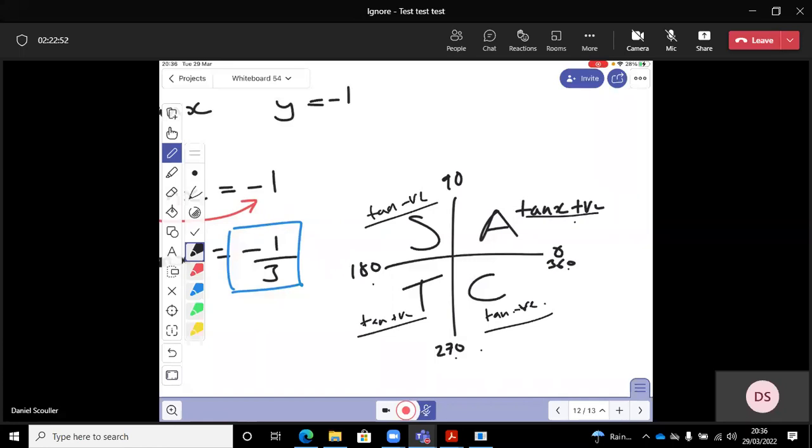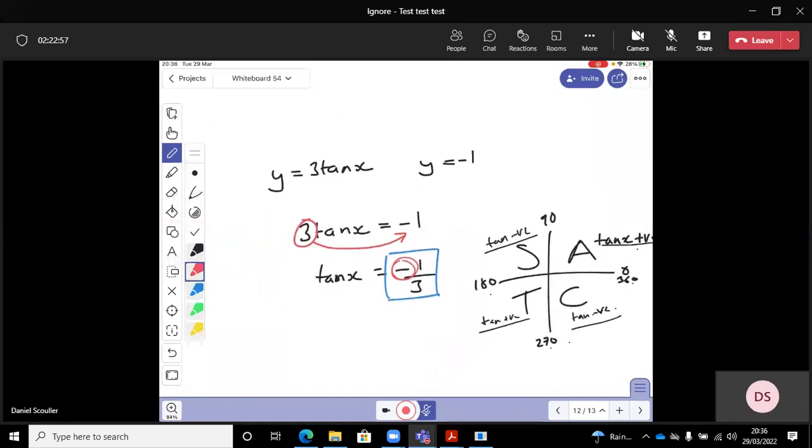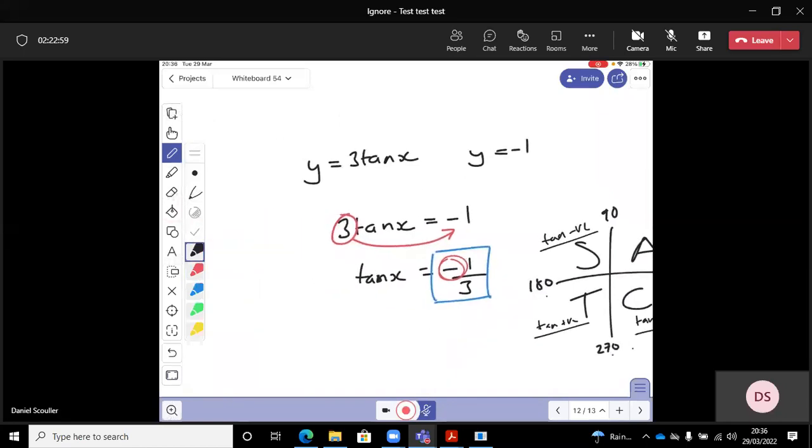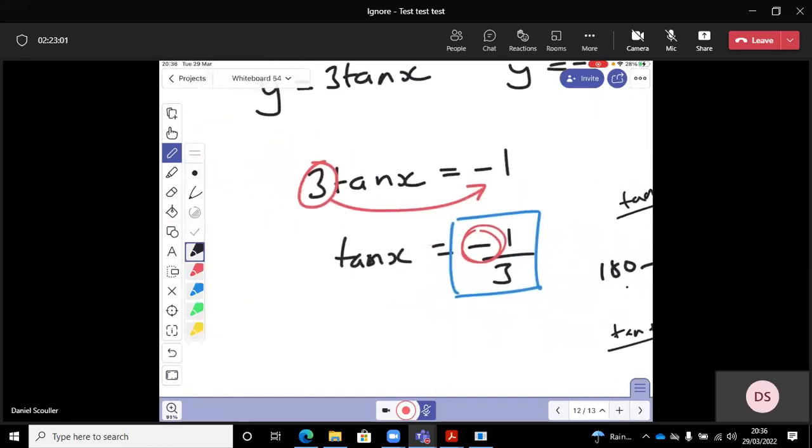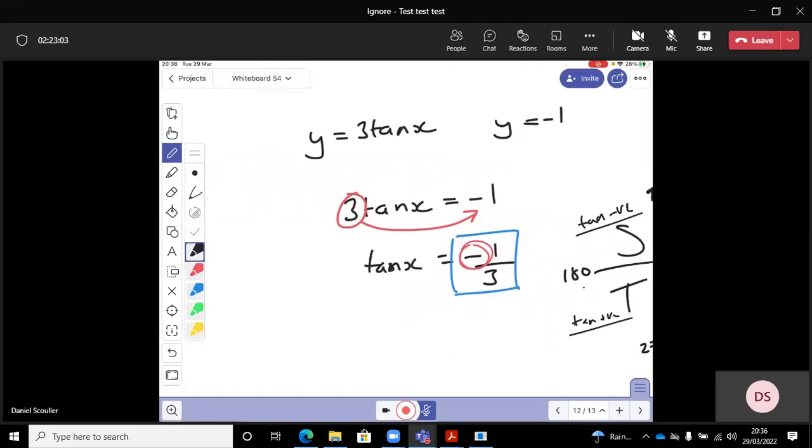Why is this important? The intercept we're trying to find is when tan is negative 1/3.